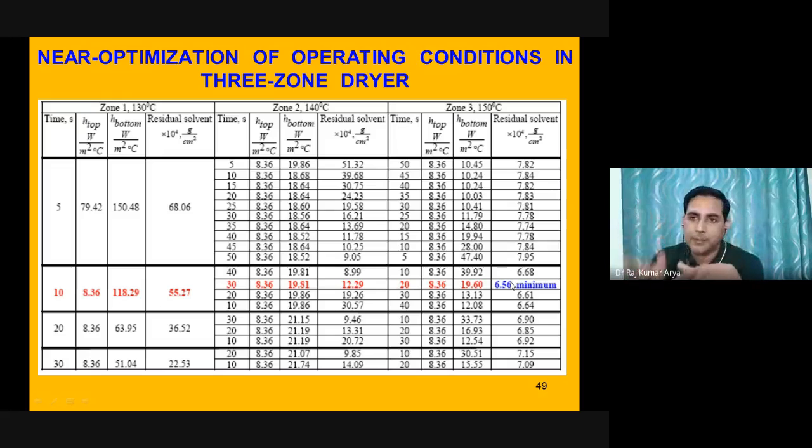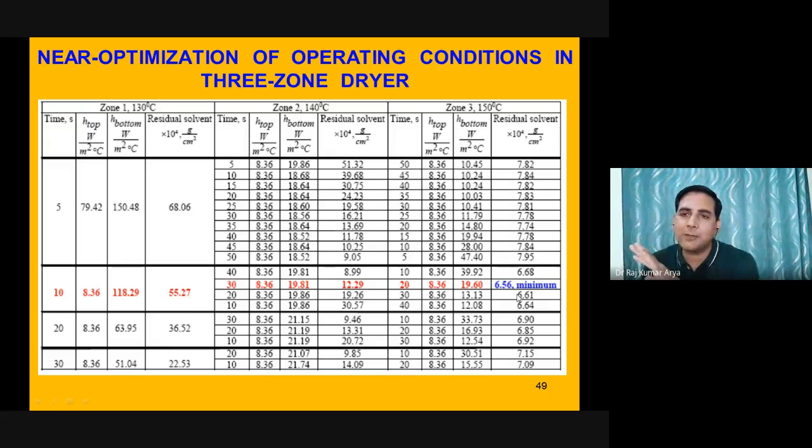What you can compare from here is that when your zone length is too low, you have a high heat transfer coefficient and a high amount of residual solvent. When the zone length is further high, you again have a further high heat transfer coefficient. So neither too short nor too long is permitted. If you have a moderate length, let's say 10 seconds, you get a minimum amount of residual solvent.